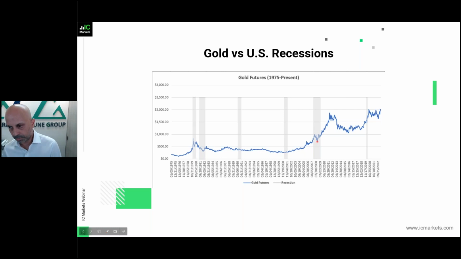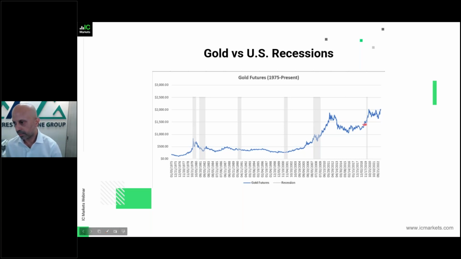So right smack in the middle of one of the biggest financial crises in recent times, you had equity markets pulling back hard, and yet gold prices also dropping just as hard. So it again didn't serve as a hedge against recessionary fears or recessionary periods. And it was only after equity markets bottomed and we started coming out of the recessionary period that the price of gold picked up and started to rise very sharply.